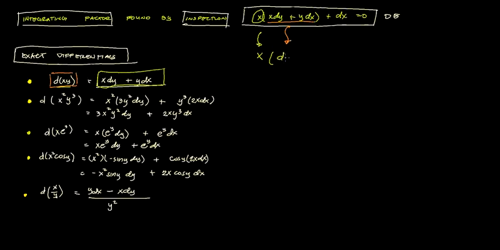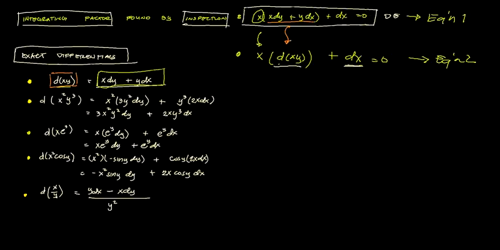So we have d(xy) plus dx is equal to 0. So from our given differential equation, equation 1, to this second differential equation, you can see that we have the derivative of xy and the derivative of x.